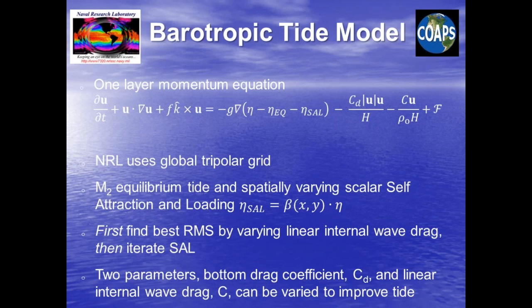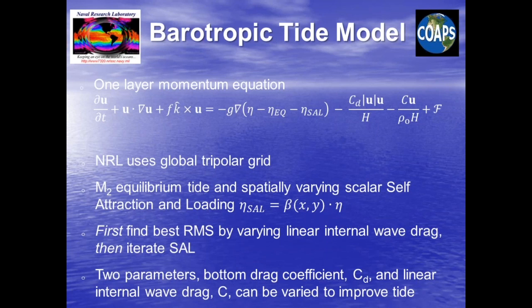So I solve it, I take this field, I get a guess for what that is, I put that back in and solve it again. And there are two parameters that you can tune in this model if you want, one of which is the bottom drag, the quadratic bottom drag, the CD, and the other is this linear internal wave drag, which is called C.